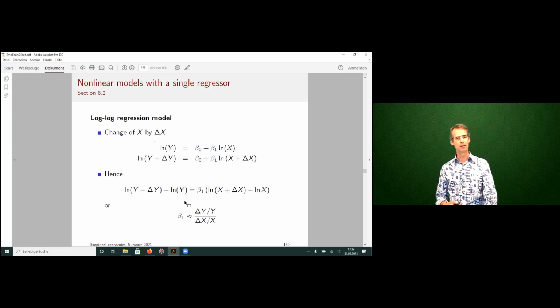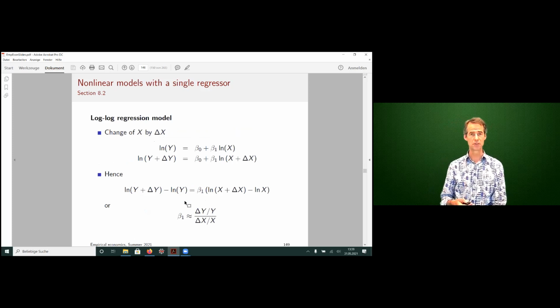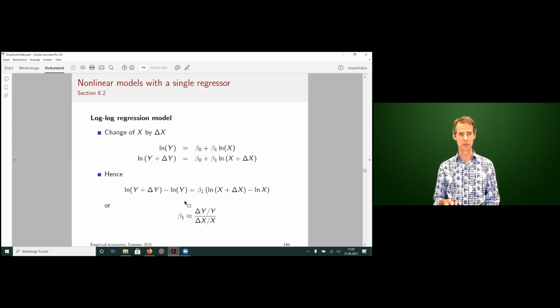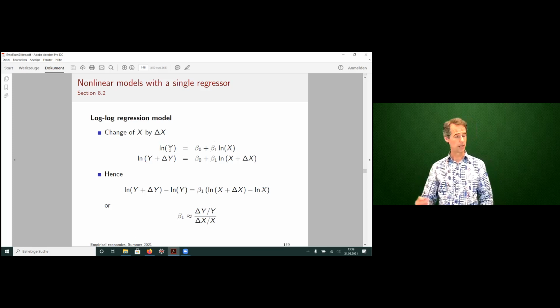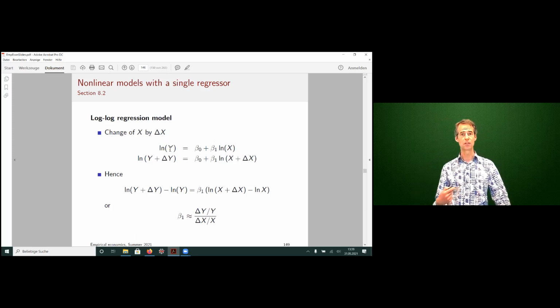And now let's go over to the last case, the log-log regression model. That's quite common in economics, and you will see in a minute why that's the case. And now we take the log on both sides of the regression equation. On the right-hand side, we don't include x but ln x, and on the left-hand side we have the log of y. Now we change x and look at the change in y.